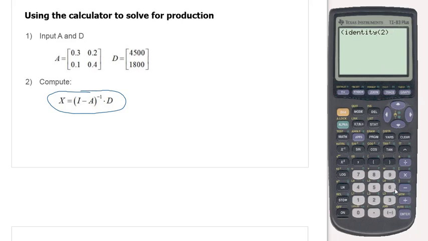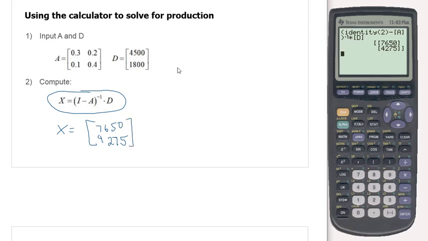So that's how we would get that, minus our matrix A. So I go back here, grab my matrix A, do the inverse, and multiply by my matrix D. Our solution here comes up to 7650, 4275.